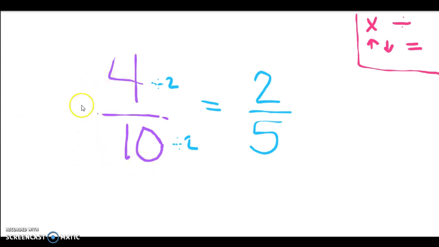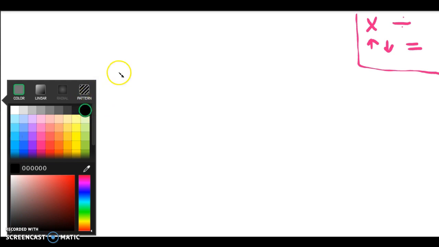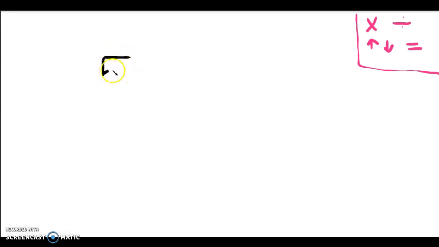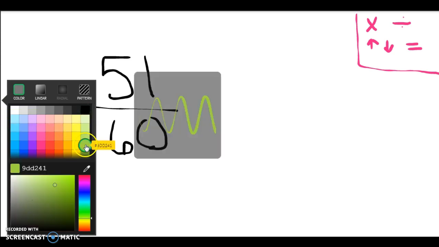Okay, let's look at one more example. We'll make it slightly more complicated. Let's do 51/60. Now, you thought we'd never talk about prime and composite ever again, but here it is to rear its ugly head back at us, okay?